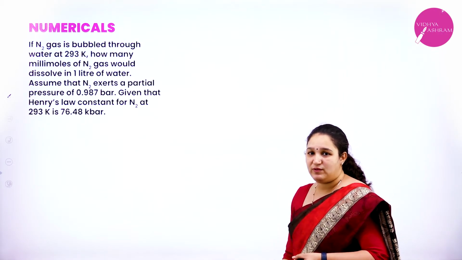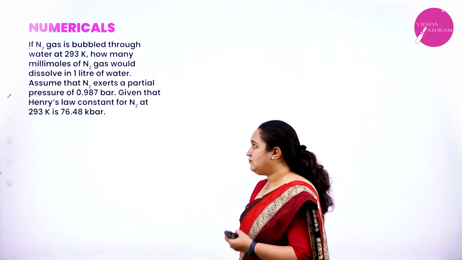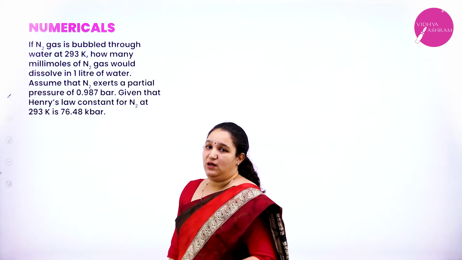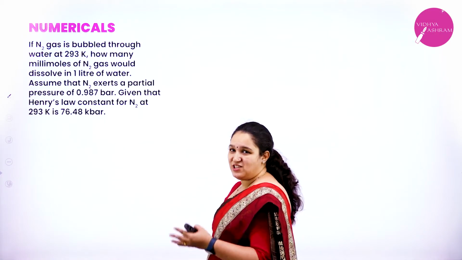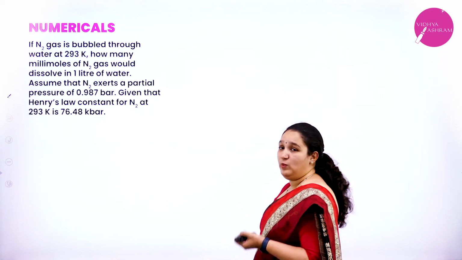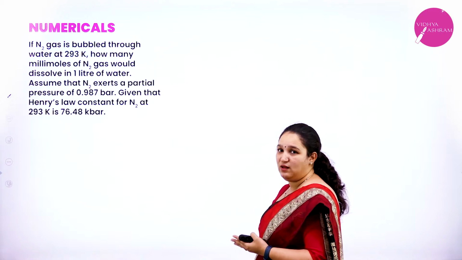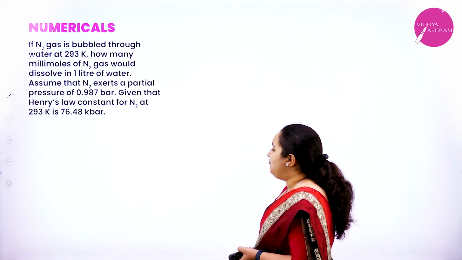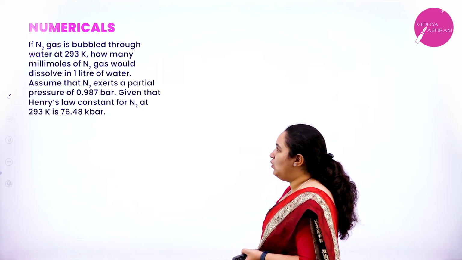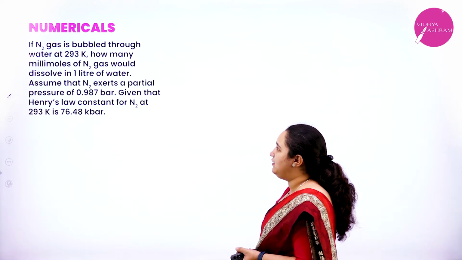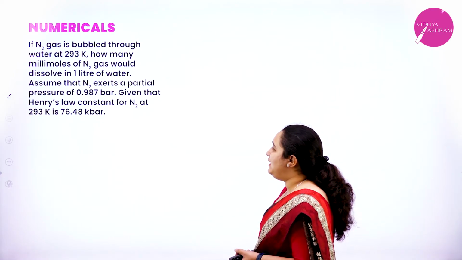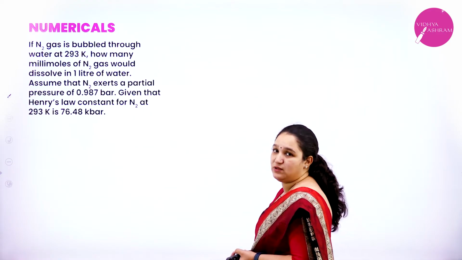We'll solve some of the numericals here. First one, I shall just read the question for you all. We'll understand what is given for us in the question. If N2 gas is bubbled through water at 293 Kelvin, how many millimoles of nitrogen gas would dissolve in 1 liter of water?